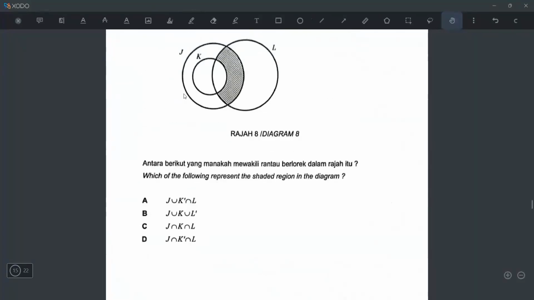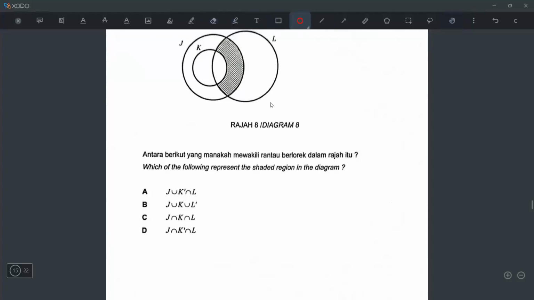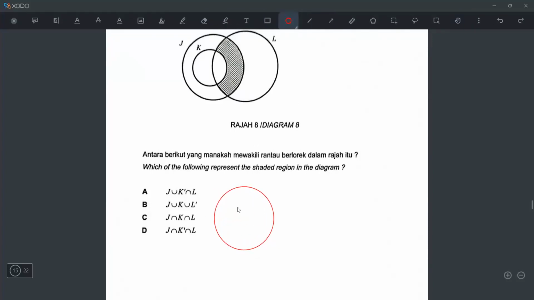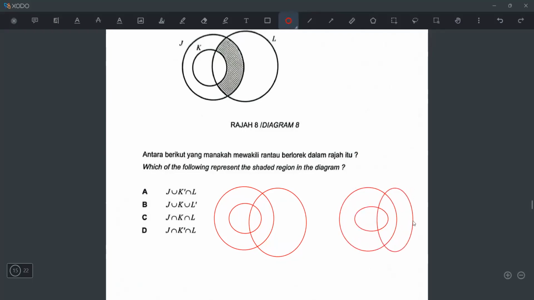So we all know that the diagram looks like this. What I do is I will go through A, and I will draw something that looks similar to the diagram. I will draw another one here, like this. Maybe make this bigger.